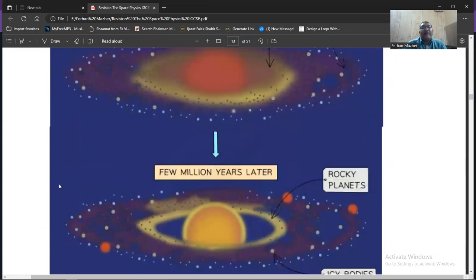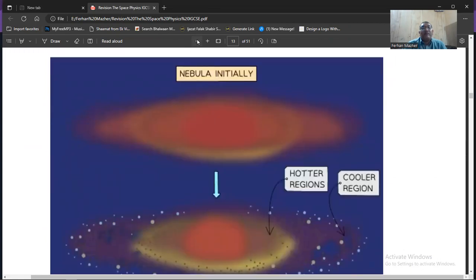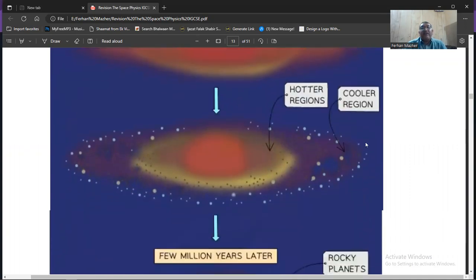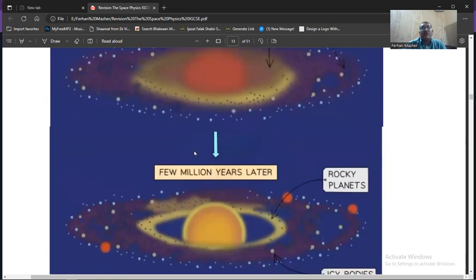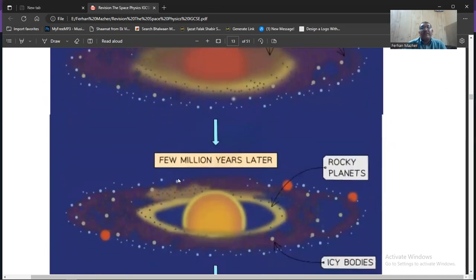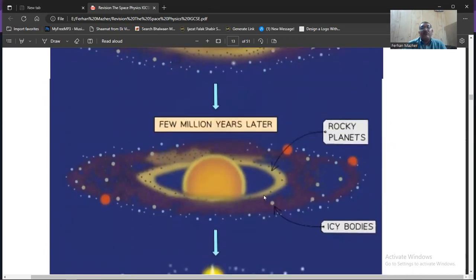So here we have a diagram. The nebula initially is like this. Then here we have the cooler regions. These are the hotter regions. And a few million years later, here we have icy bodies and rocky planets.